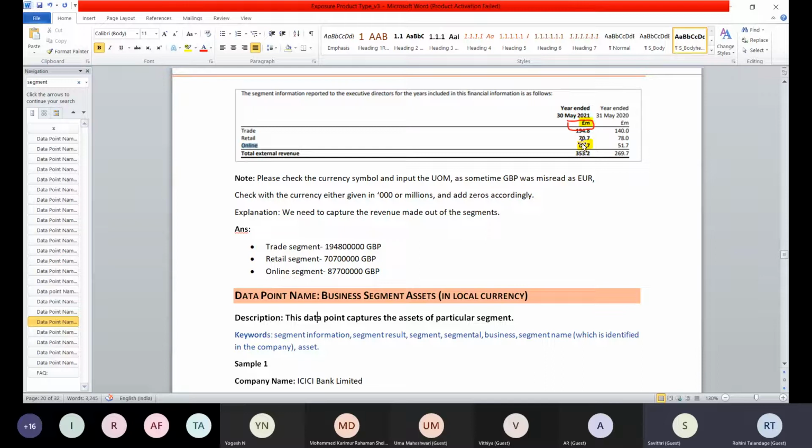So you have to take the recent year only. You no need to take the past year details. There is no need to consider the data they have given for the historical periods. You have to just take the current year or the recent year.